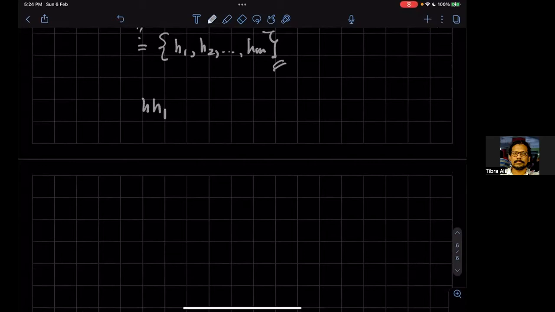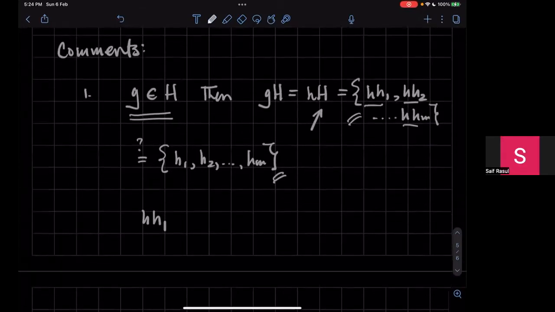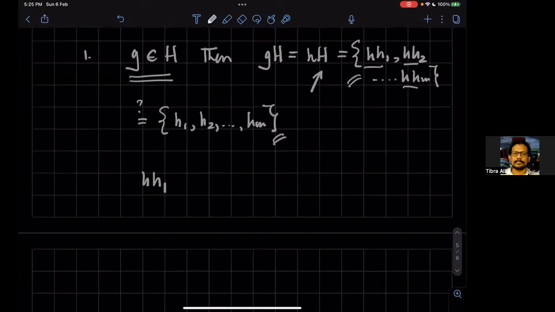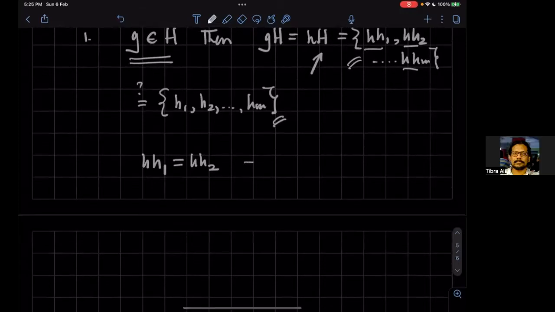First of all, it cannot be outside the group, so it must be inside the group. And you have M elements, so at least 2 of them must be equal. If that is the case, then if we apply H inverse, we get H1 equals H2, which is a contradiction. I see. Yeah, that makes sense.